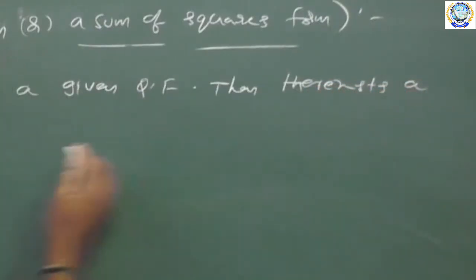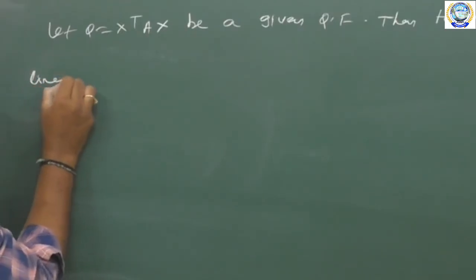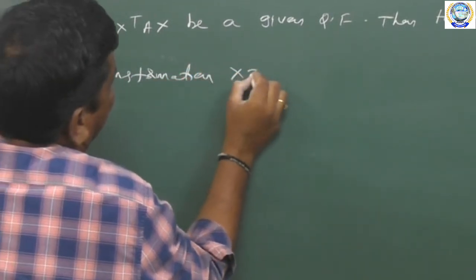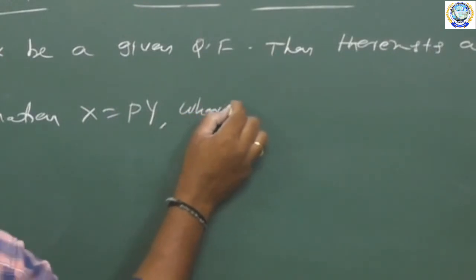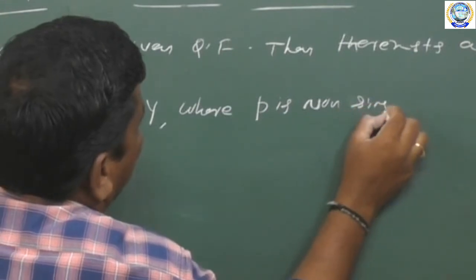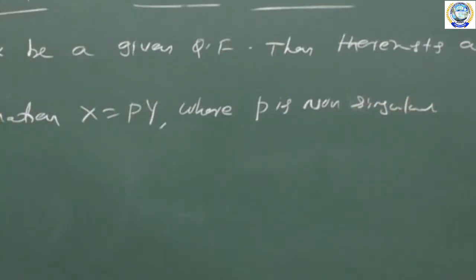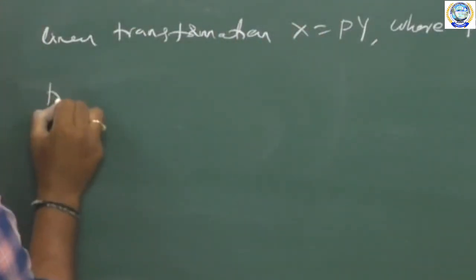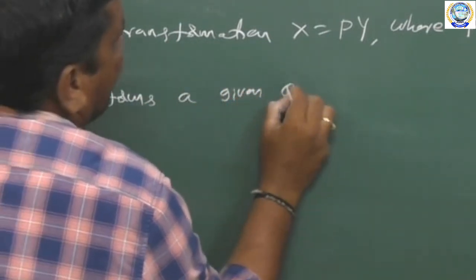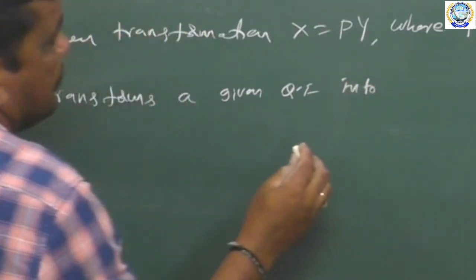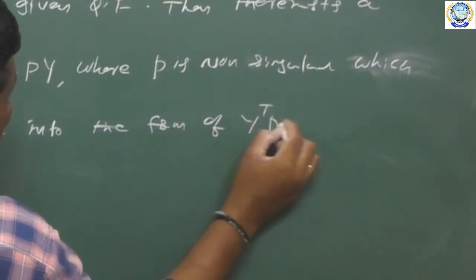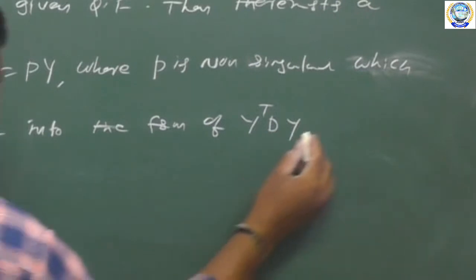Then there exists a linear transformation x equal to Py, where P is non-singular, which transforms a given quadratic form into the form of y transpose Dy.